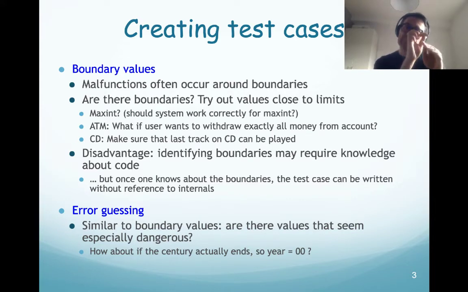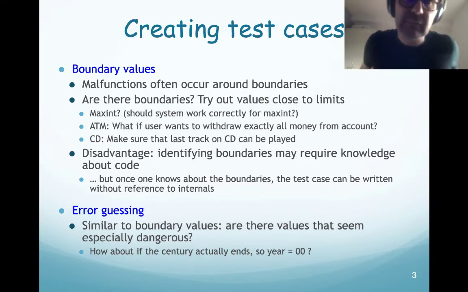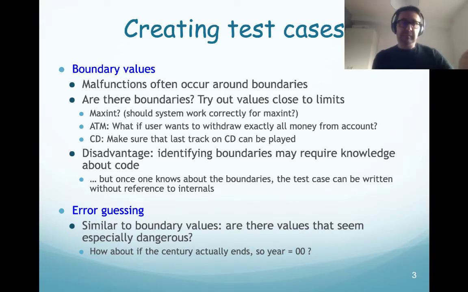So also the problems are likely to happen in these areas. Rather than looking at the whole class, there are many values in the middle of the class, but in general, people tend to make mistakes when they are switching, when they are going between different classes of inputs. And that's what it's based on.